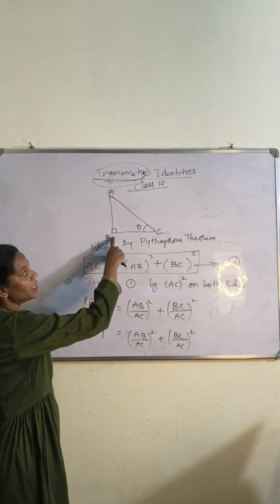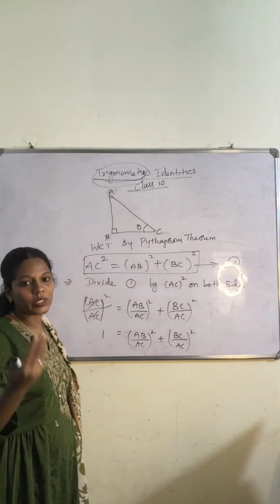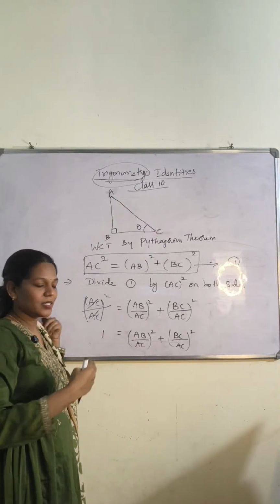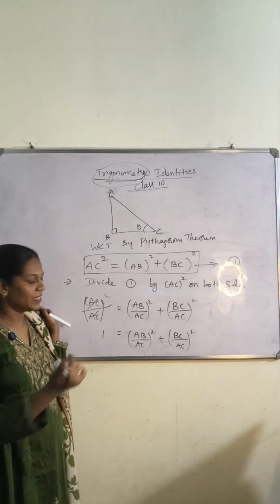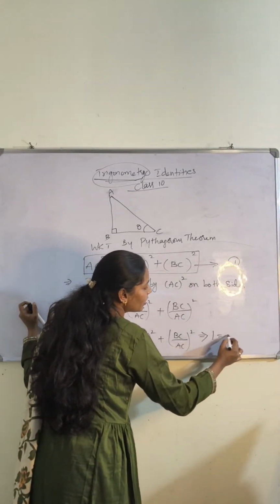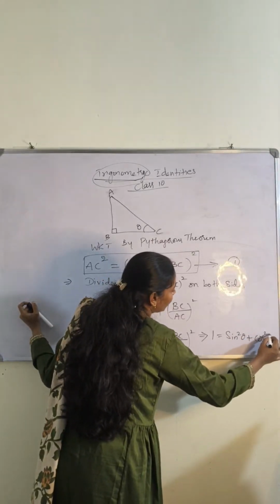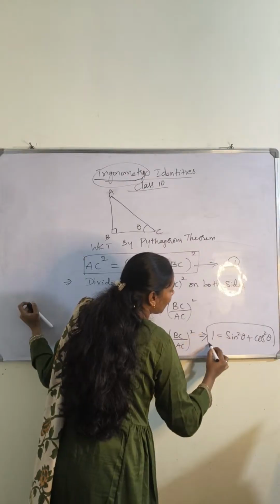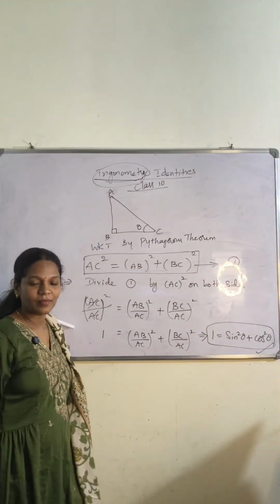What is BC? BC with respect to theta is adjacent to theta, right? Adjacent side to theta by hypotenuse is nothing but cos theta. So this will result to 1 equals sin square theta plus cos square theta. So one of the identities is proved, derived.